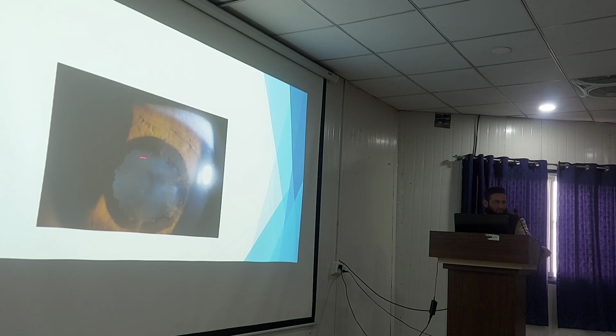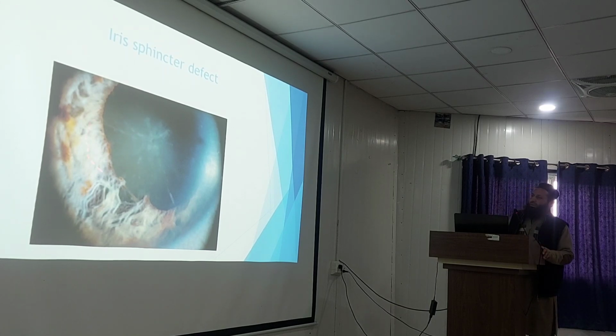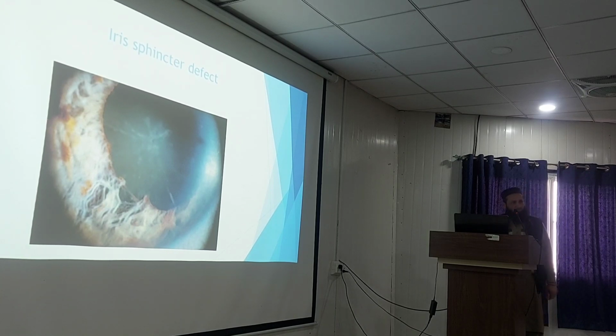Usually the eye is quiet, but we see the cells in the anterior chamber. This is again trauma, because this is a picture of traumatic cataract, and there is rupture of the sphincter pupillae muscle. But in such an eye, if the optic nerve is intact, when we shine light to this pupil, what would happen?